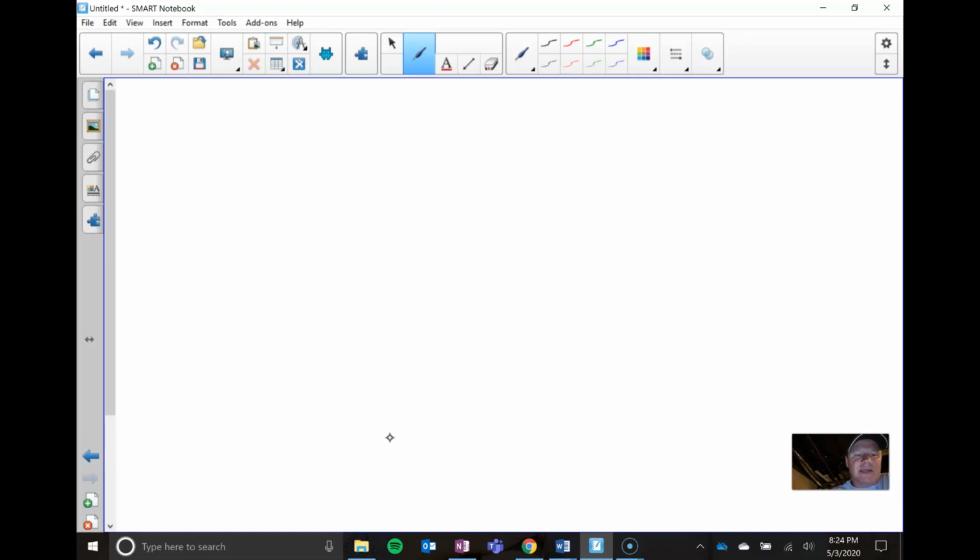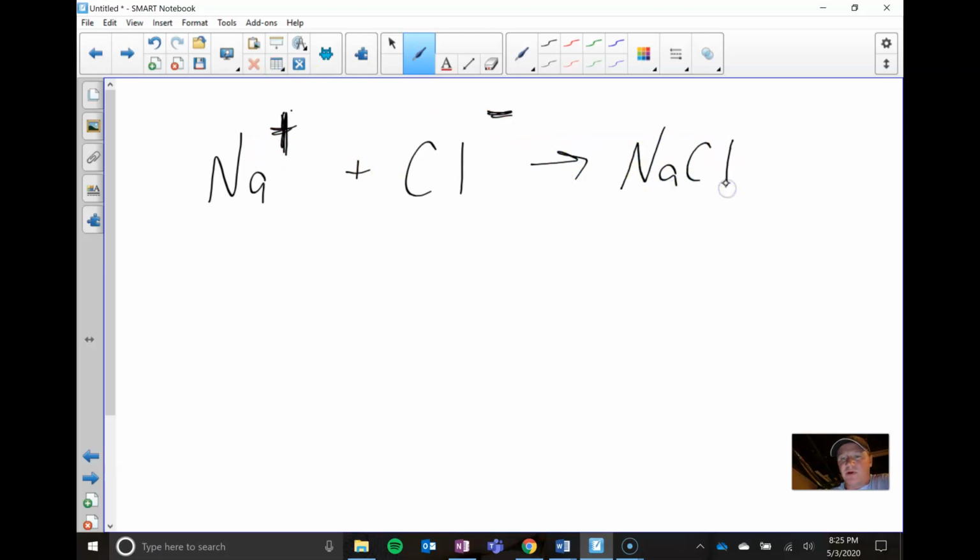Let's say we've got an ion like sodium, with a positive 1 charge. Let's look at a reaction that we talk about all the time. If sodium were to pair up with a chloride ion, we've got a positive 1 and a negative 1. When those two come together, the charges perfectly cancel, and they form the compound sodium chloride.